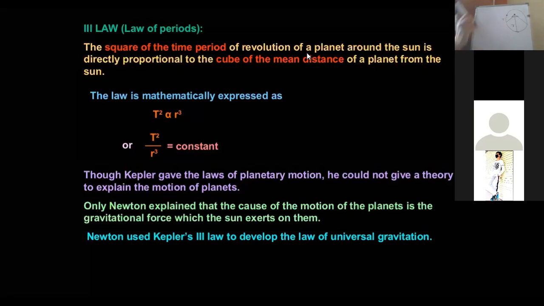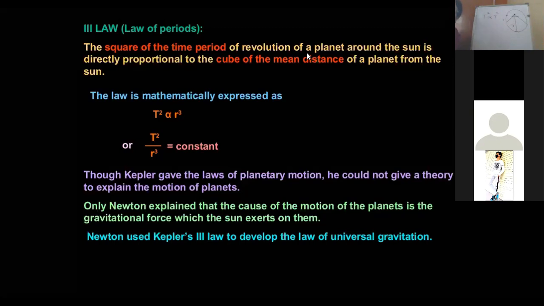What Kepler said was that the square of the time period, which is the time taken by the planet to move around the sun, is directly proportional to the cube of the mean distance between the planet and the sun.